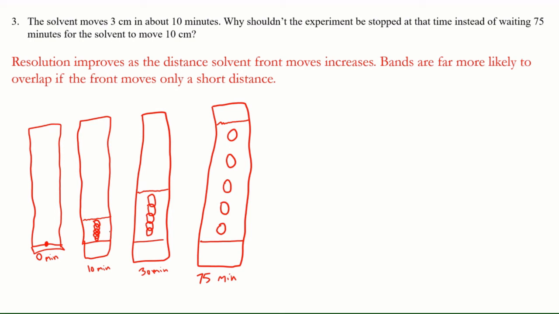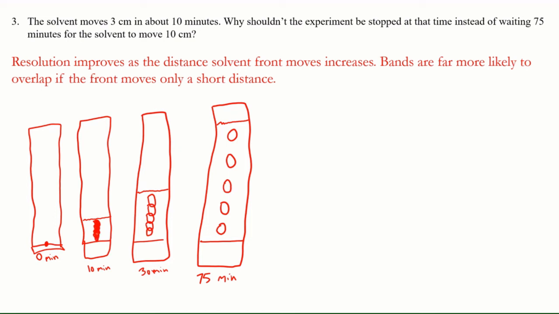But if we don't wait enough, it's going to be very hard to know which spot is which, because it's just going to look basically like one big spot since everything is overlapping.